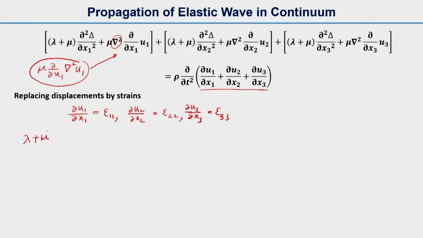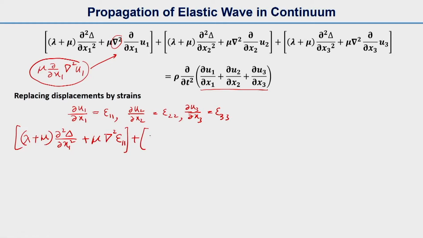lambda plus mu, the double partial of delta with respect to x1, plus mu with the nabla operator epsilon 1. This is one term here.